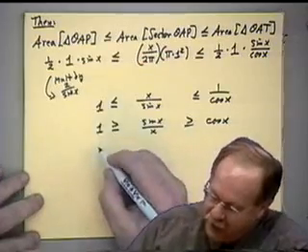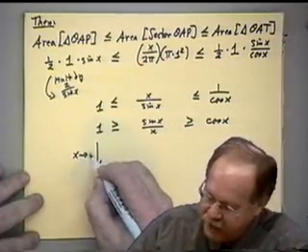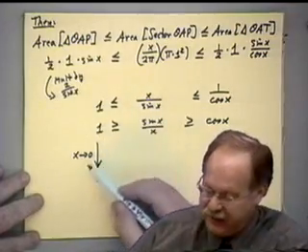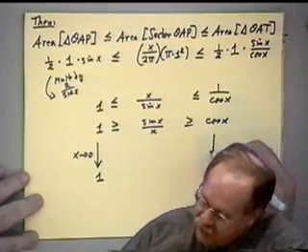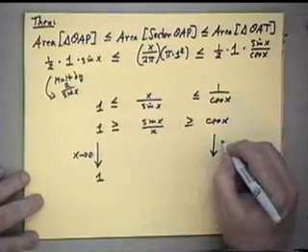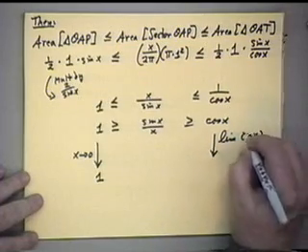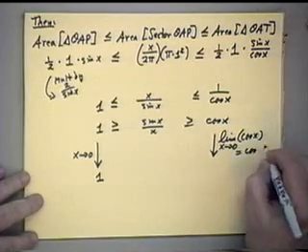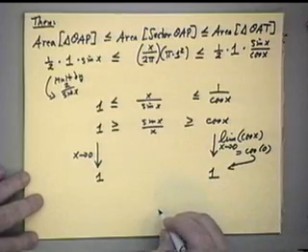Now, observe that if I take the limit of 1 as x goes to 0, I get 1. Well, of course, 1's a constant. It doesn't matter what x does, 1's not going to change. On the other end, if I let x go to 0, which means I'm taking the limit of cosine x as x goes to 0, that is equal to the cosine of 0, and that is also equal to 1.